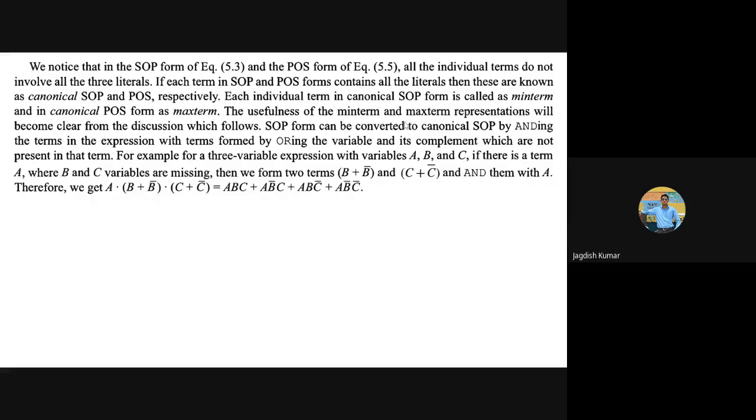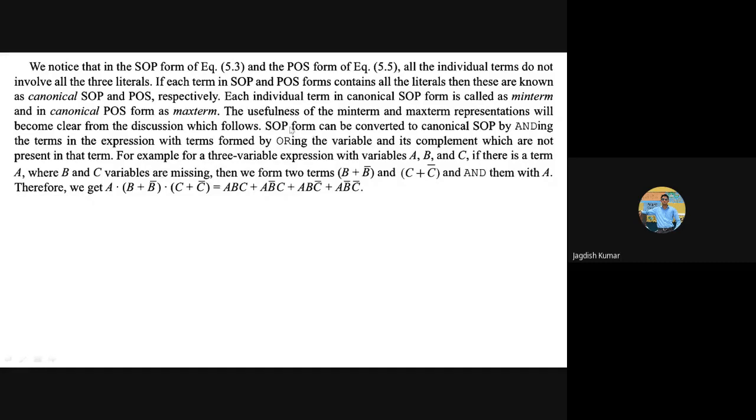But yes, why we need to go for canonical form and why to look for min term and max term is something important, so we will be looking at this now. If an SOP form is not in canonical form, how can we convert it to the corresponding canonical form?